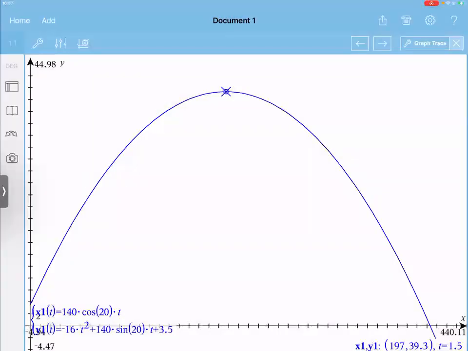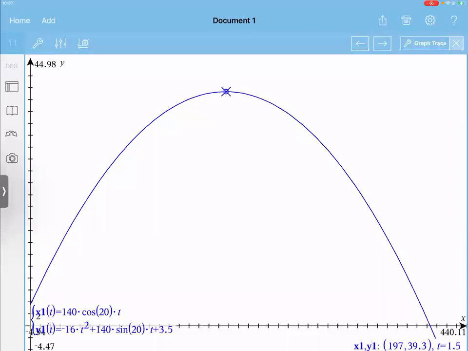Okay, so you pay attention to the y value to see if you get the maximum y value. So 39.3 is the height that I'm getting here. So it seems like the maximum height is 39.3. If you can get me something like 1.5, I would take it.